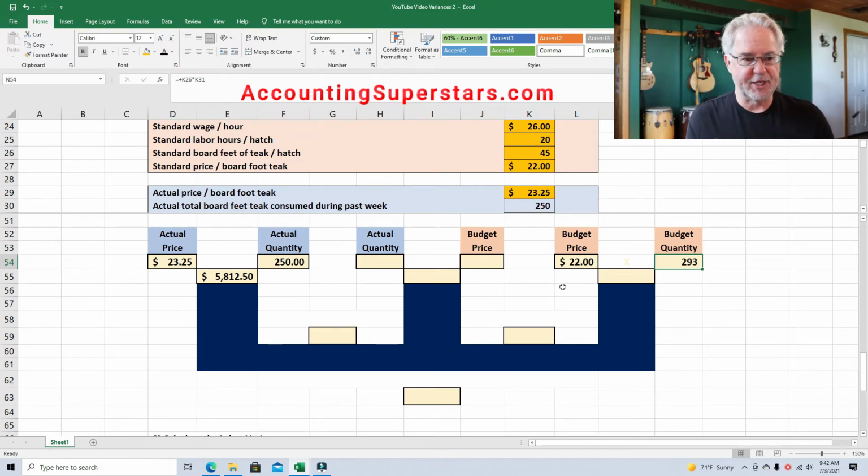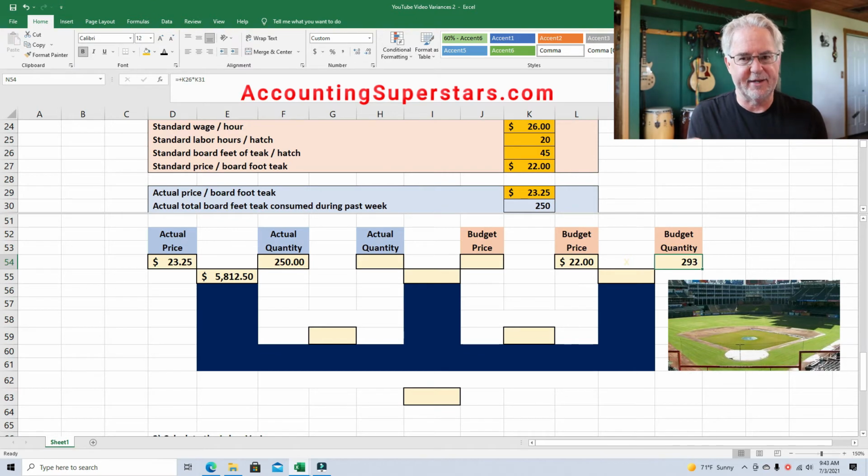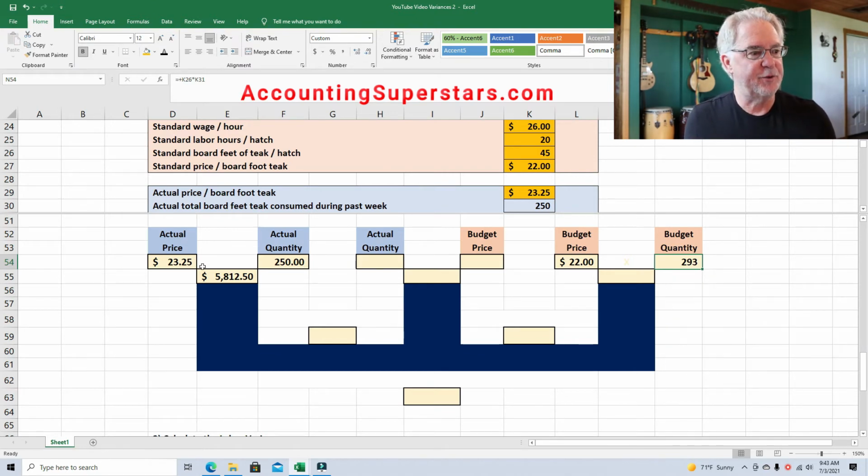So here's a way to double check: 250 and 293 are relatively in the same ballpark. They're not exactly the same, but they're in the same ballpark. But if we had 250 and just 45, that's not in the ballpark. So that's a way to double check.